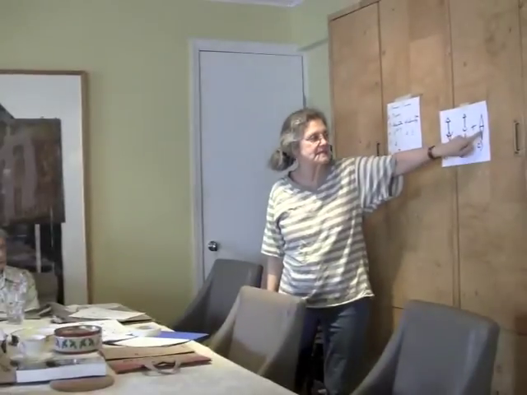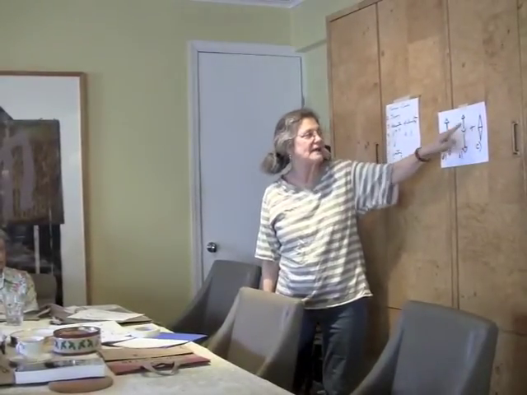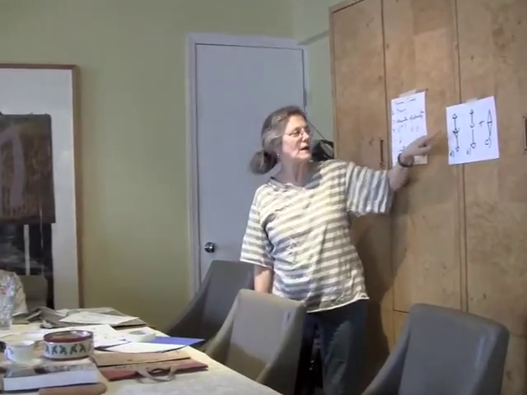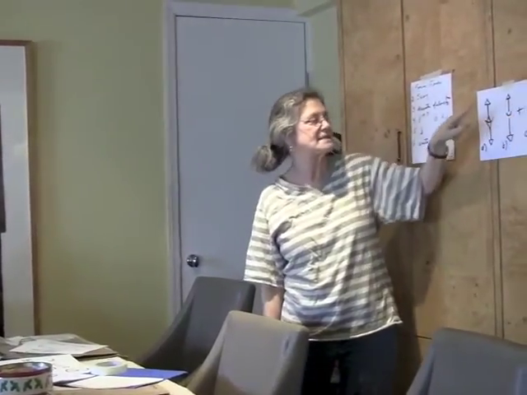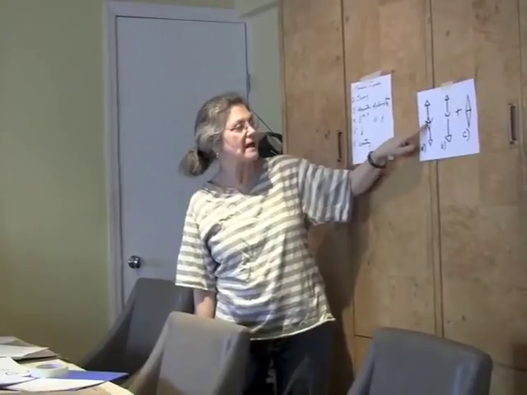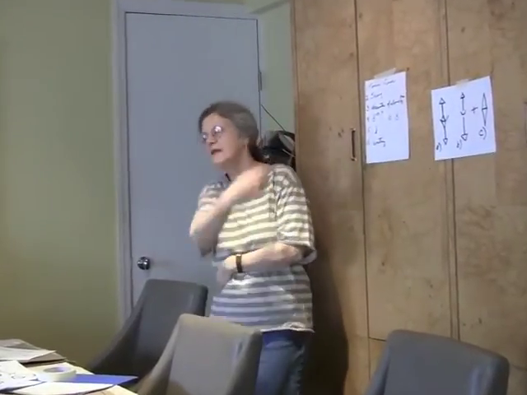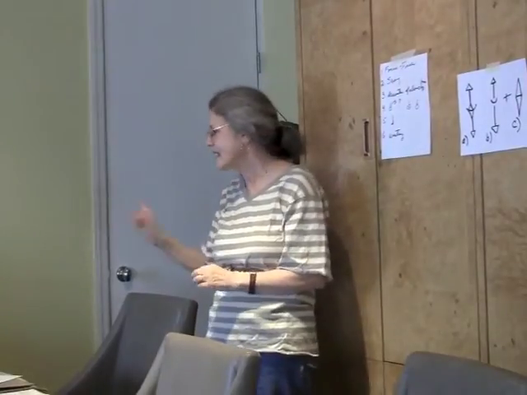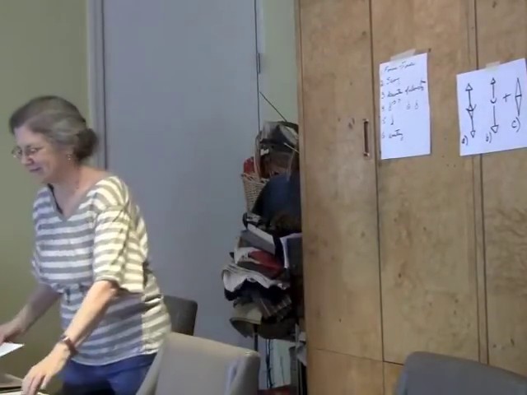But then I put it in here and combined this plus this and made this smaller and then came up with that to mean swing. Is that clear? Now, Anne has a different idea, I think.